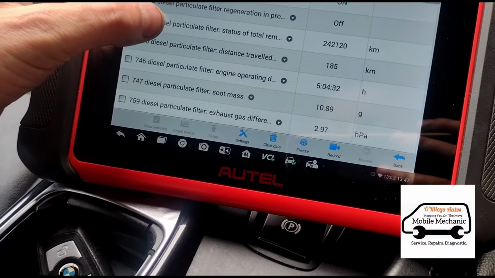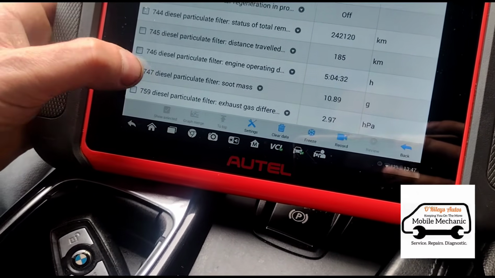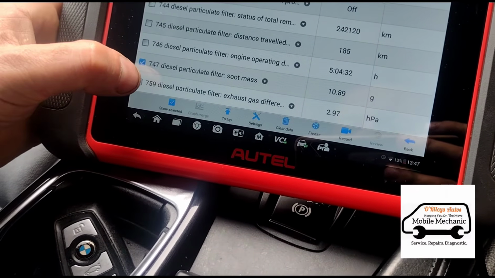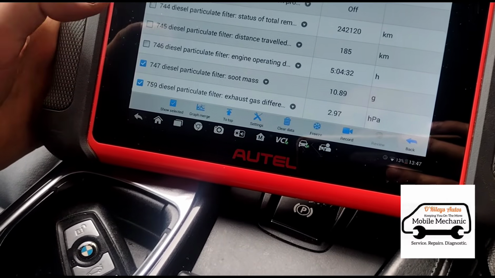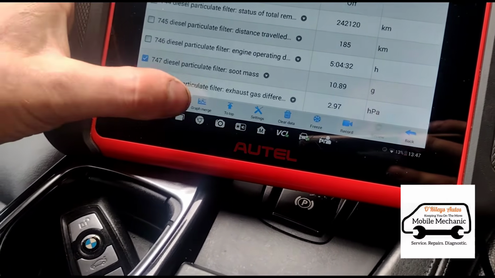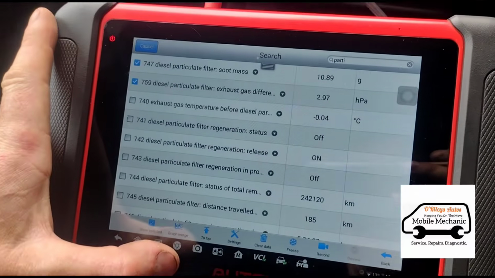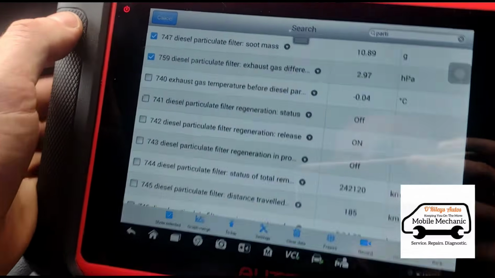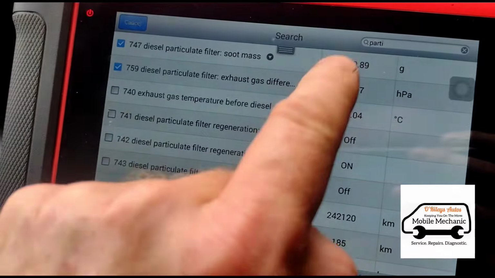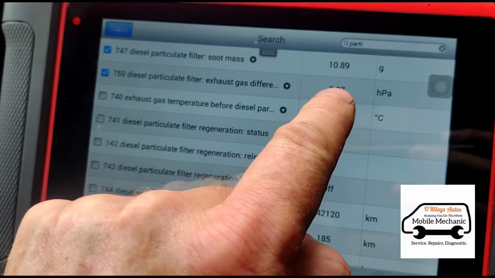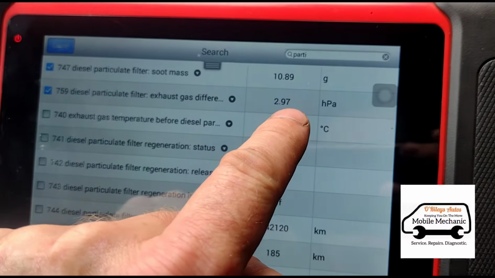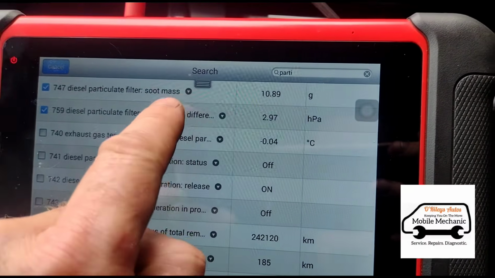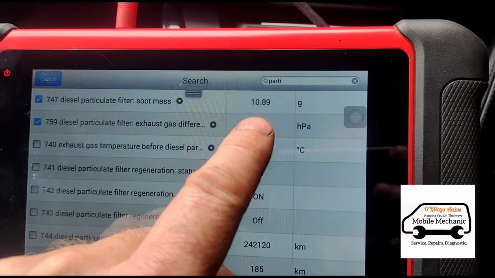We need to find the particle filter soot mass and the differential pressure sensor, and we'll move those up to the top. That's how it works on this particular machine. You can see here we've got a reading of 2.97 and the soot mass is 10.9 grams.